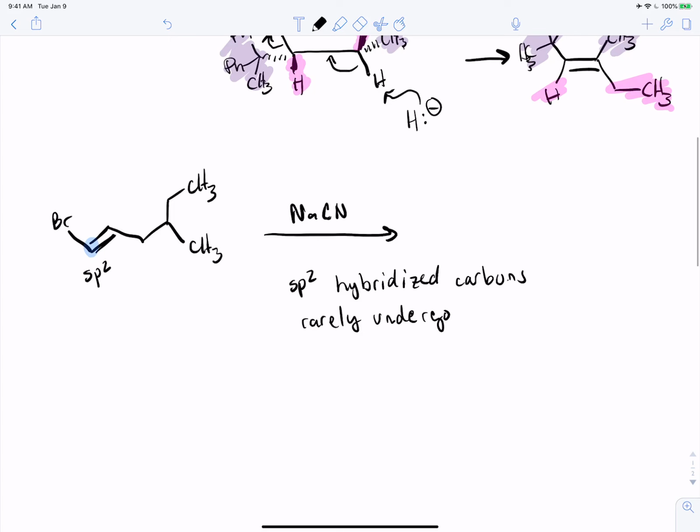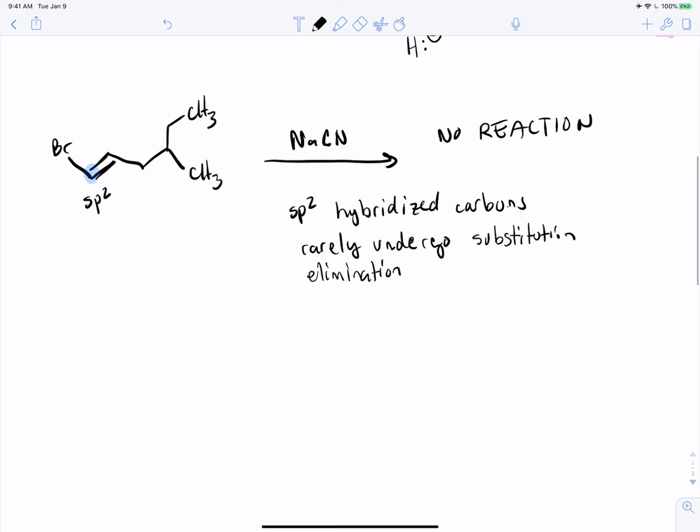Generally, we're not going to ask you to do substitution or elimination on one of these things, but there is an exception, of course. Rarely undergo substitution, elimination. So if you see one of those, generally speaking, you can just say no reaction. The exception to that is what we've seen when we do our LDA reaction to get an alkyne.